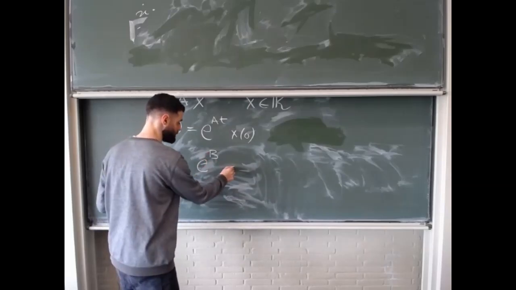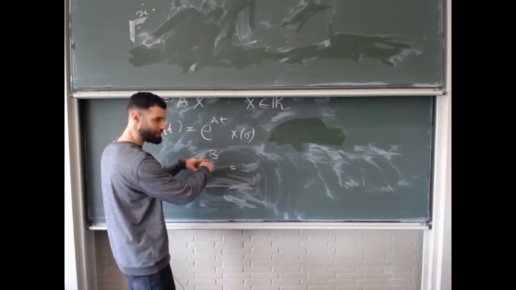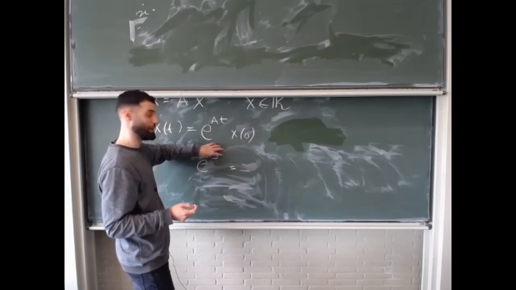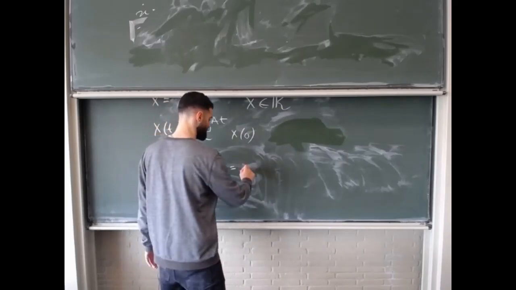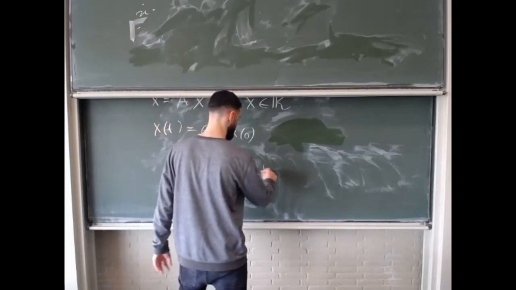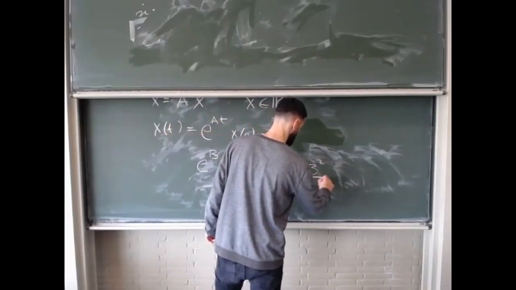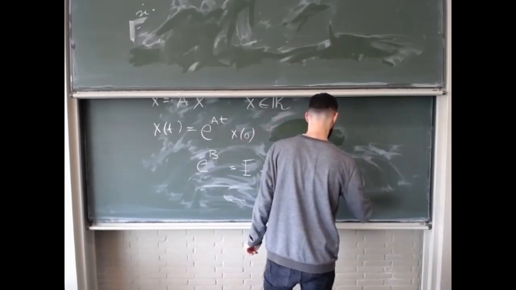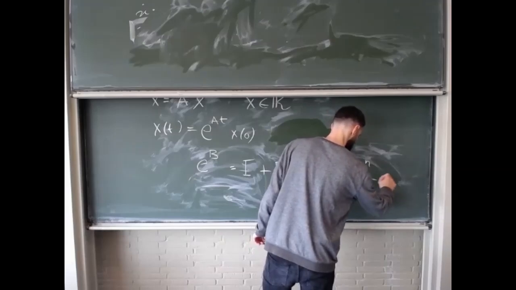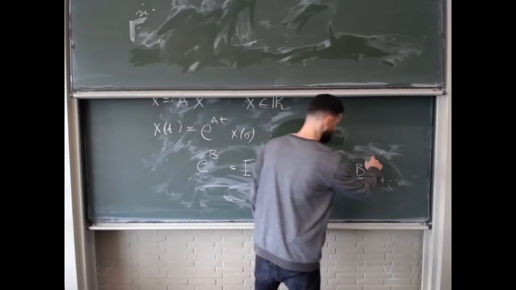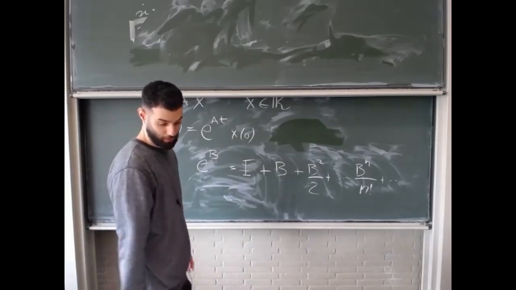That is, by definition, the exponential of a matrix is another matrix, the same dimension as the matrix you exponentiate, which is just the identity matrix plus B itself plus B squared over 2 plus, and so on, up to B to the n divided by n factorial, till infinity.